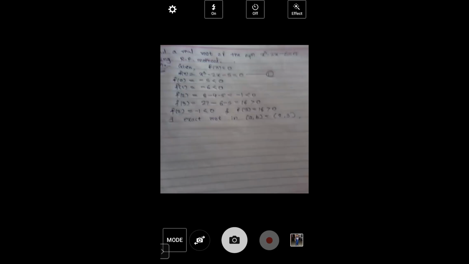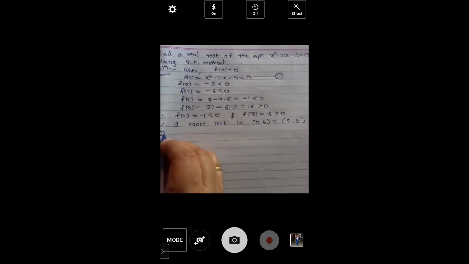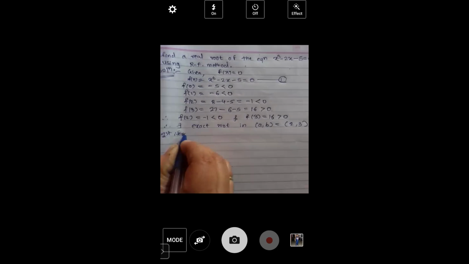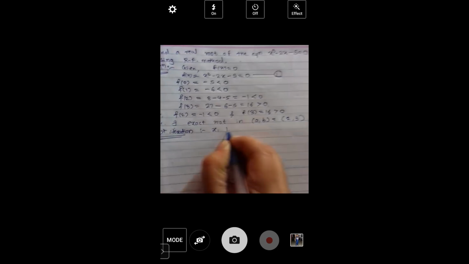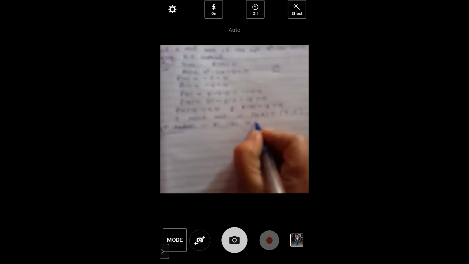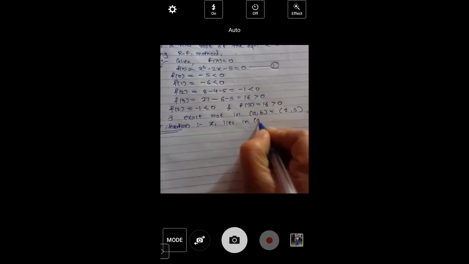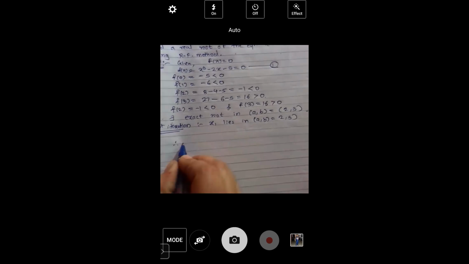ठीक आहे, सो we move for finding the first iteration. x1 lies in the interval ab is equal to 2, 3. Therefore what is the formula for x1?